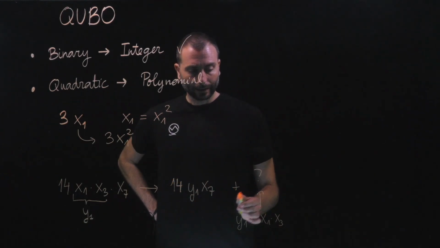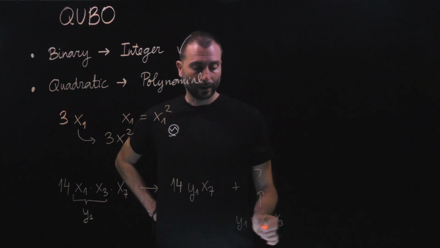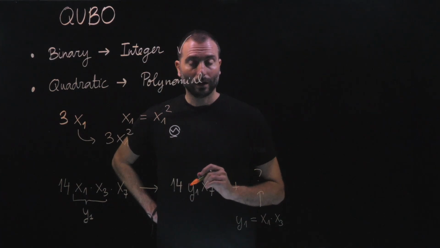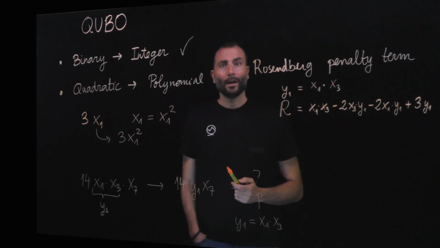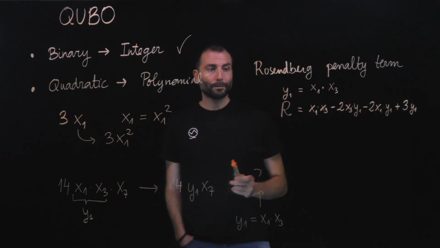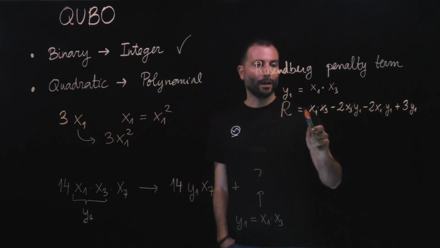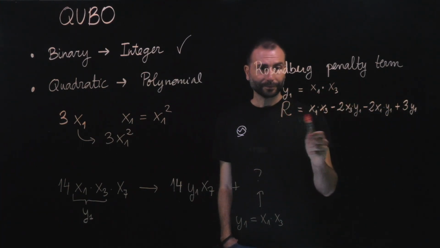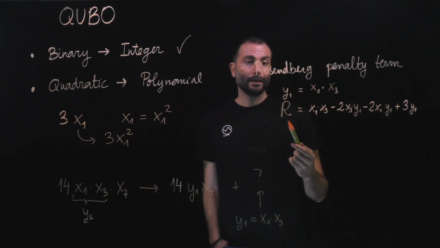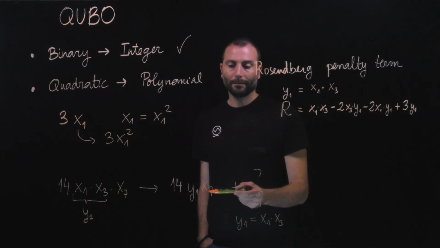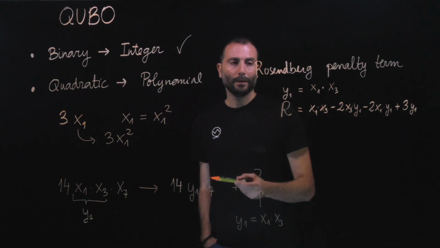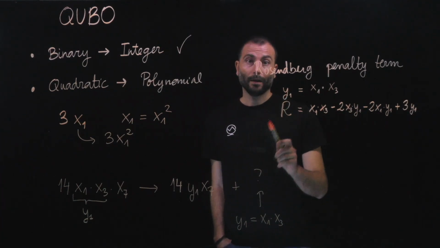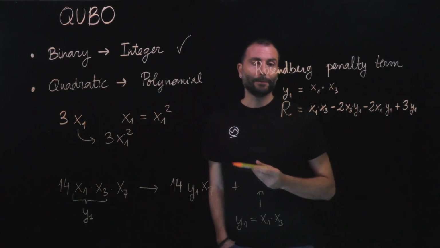But there is a nice result where we can see how this can be imposed, and for this, I need to call the result from Rosenberg. I would like to convince you that if I add this Rosenberg penalty term that I have written here, then if this thing is minimum, I can guarantee that the new variable y1 will be equal to x1 times x3.